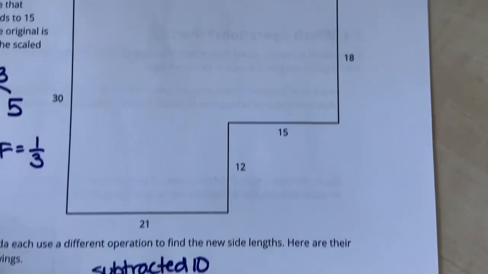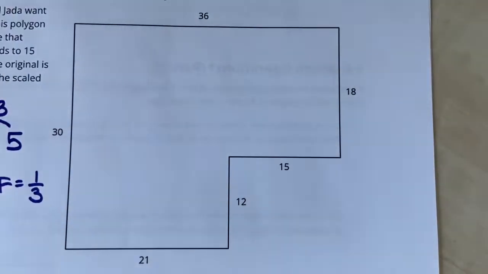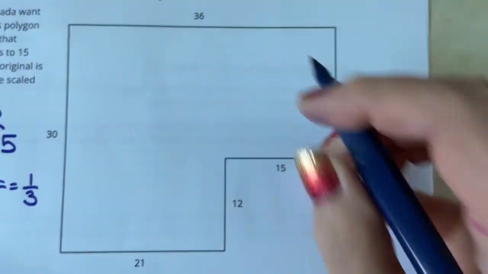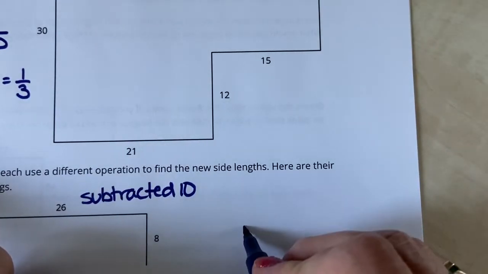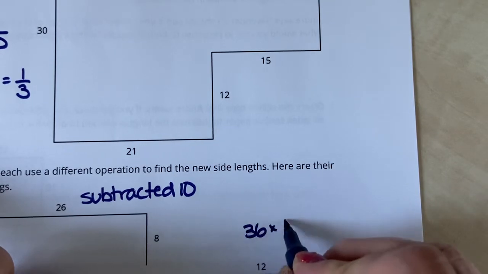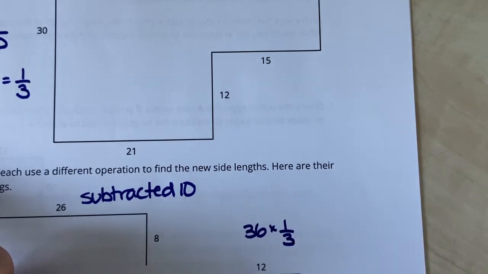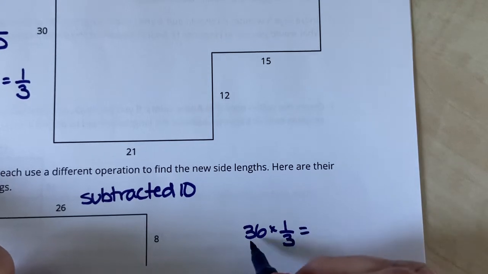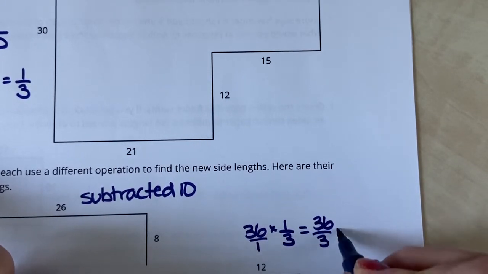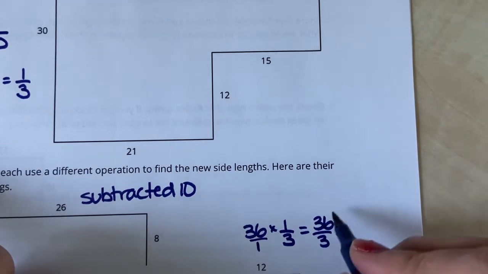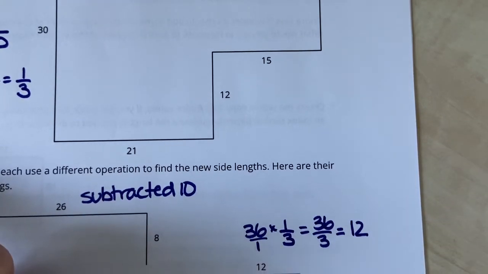But if we look at Jada, what did she do? If I look at her 36, she got to 12. So let's see, if I did 36 times 1/3, remember that's the same as dividing by 3, 36 thirds equals 12.